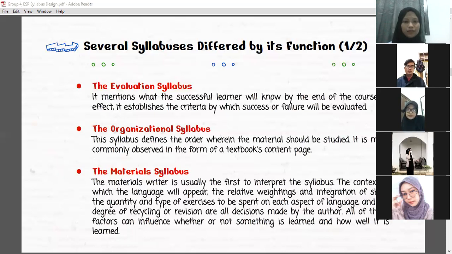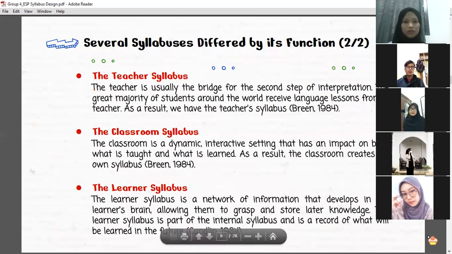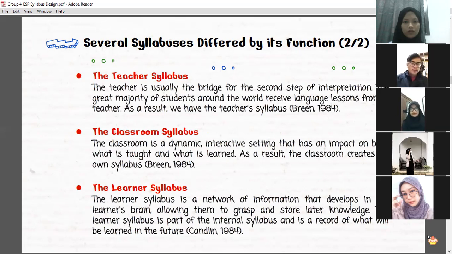Next slide, please. So the next is the teacher syllabus. The great majority of students around the world receive language lessons from a teacher. As a result, we have the teacher syllabus, because the teacher is usually the bridge for the second step of interpretation.